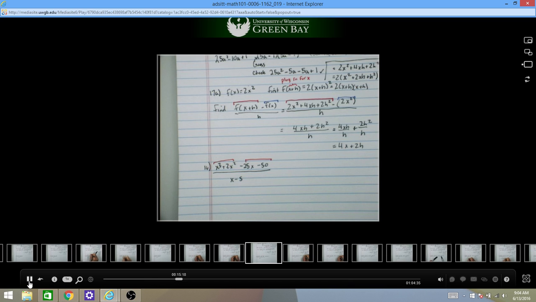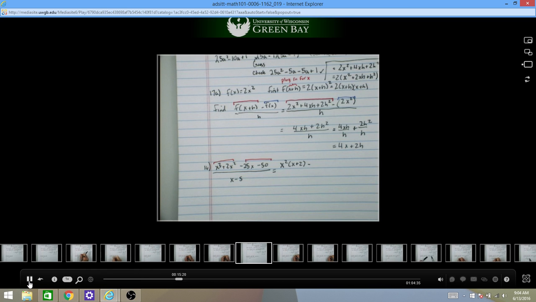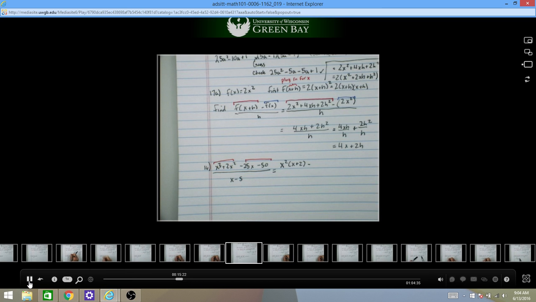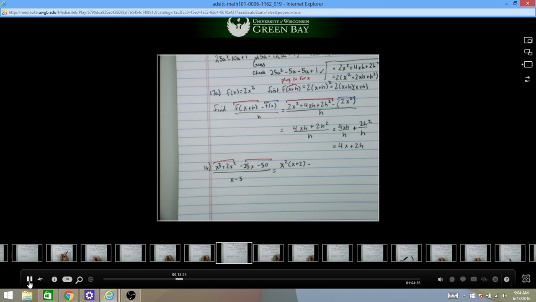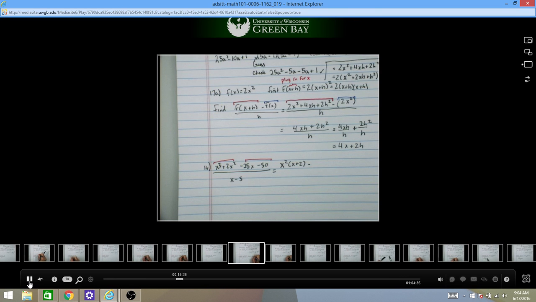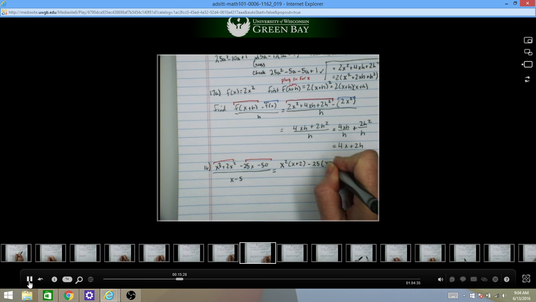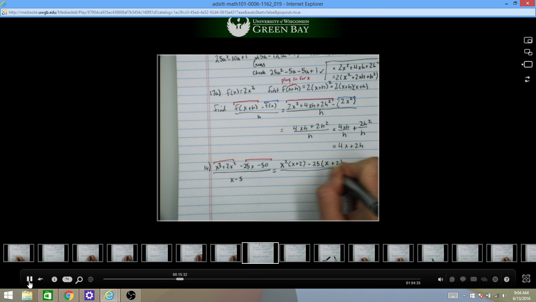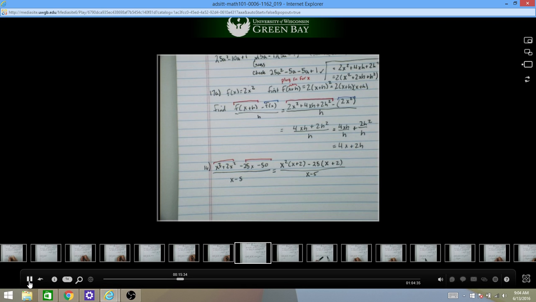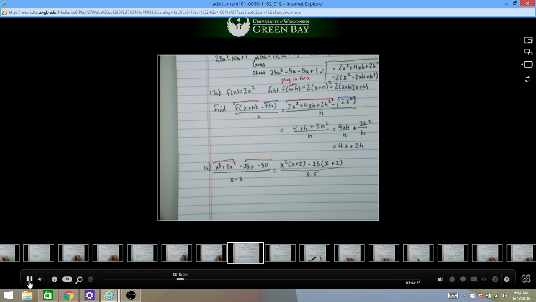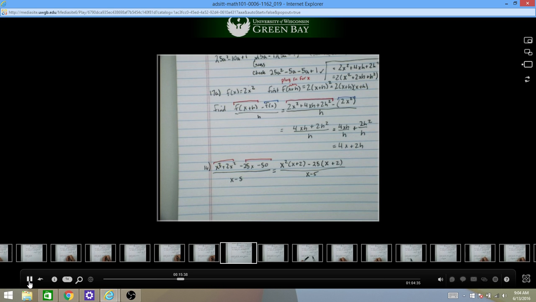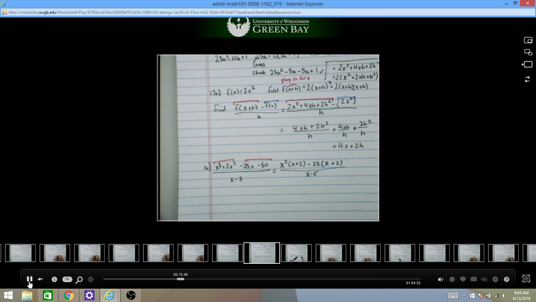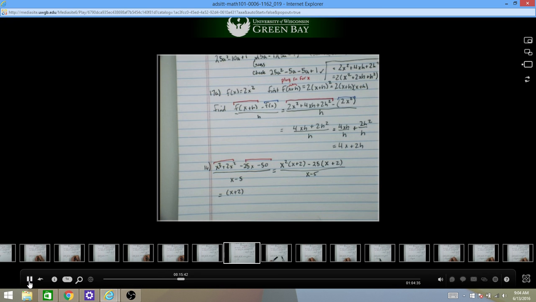On the second 2 terms, the greatest common factor is negative 25. And that leaves a positive x plus 2 behind. So now we have 2 terms, and they each have x plus 2, so you can factor the x plus 2 off. So that leaves x squared minus 25 then.